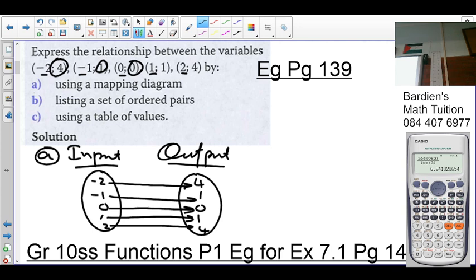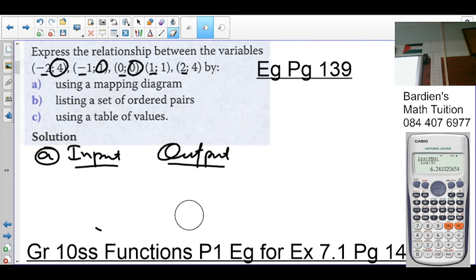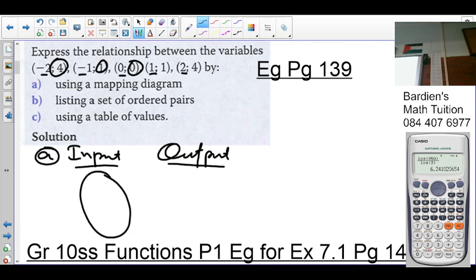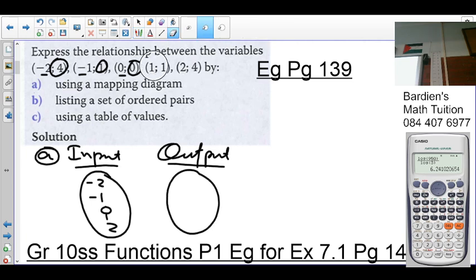No, I made a mistake. There are repeated values here. Sorry about that. I didn't take into account that the values are repeated. So let's go again. Your input values are -2, -1, 0, 1 and 2. Your output values are different, I didn't realize. So I had to check, it was my mistake.